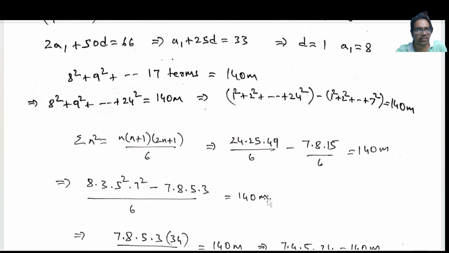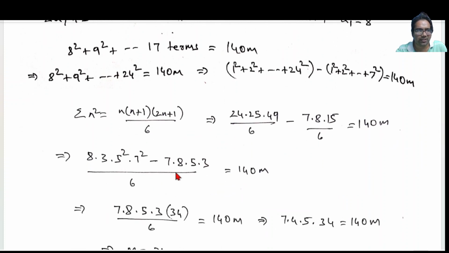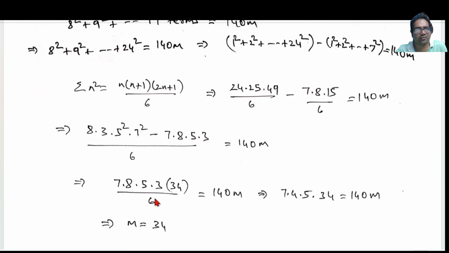Equals 140m. So 8 into 3 into 5 into 7 is there in both places, and we have 5 into 7 extra here. Let's take 8 into 3 into 5 into 7 common. Then 5 into 7 is 35 minus 1, which is 34, by 6. Now 6 is 2 into 3. This 3 and that 3 we can cancel, and this 2 will go 4 times here. So basically we have 4 into 5 into 7 into 34.